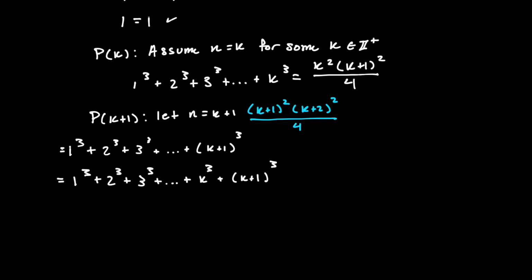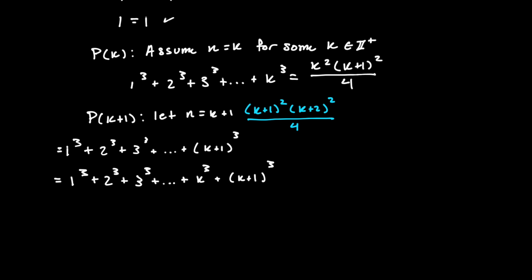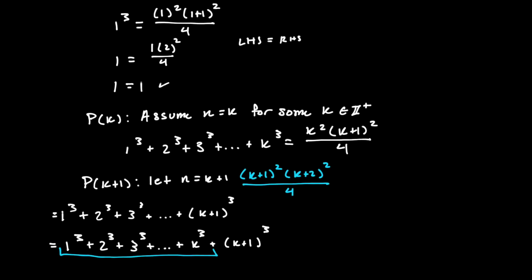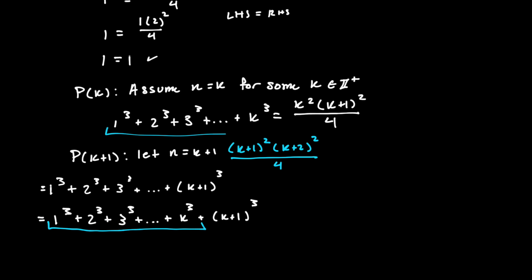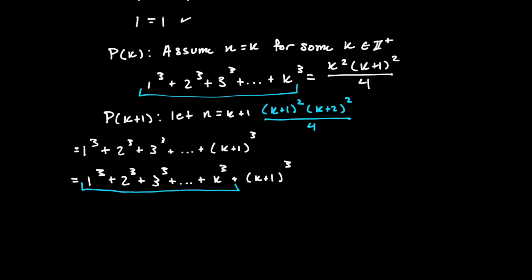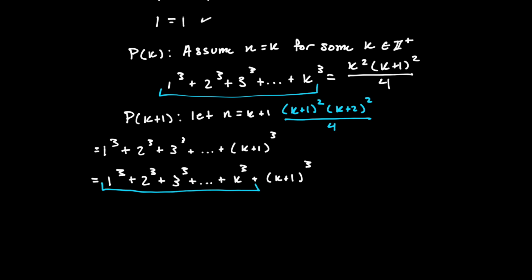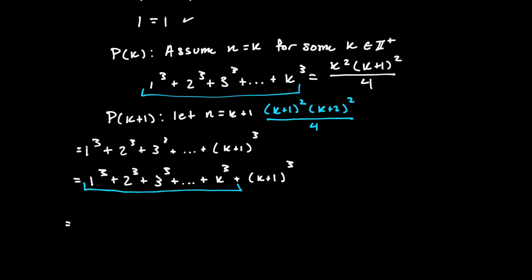And we are adding all the terms all the way up to k plus 1, and that includes the sum all the way up to k cubed. Now, the assumption we made up top is now apparent in our inductive step. So since we assumed it's true, we are now allowed to sub in what we assumed above for our sum up to k.